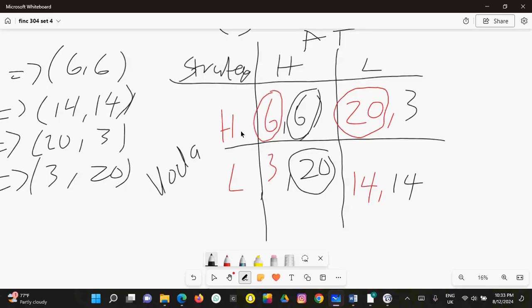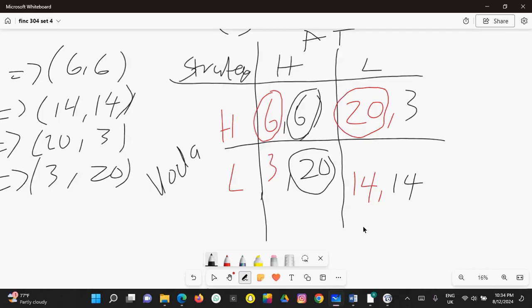The same thing applies on the other side. If Vodafone decides to choose high, Ethel Tigo chooses high because its profit when it chooses high is bigger than the profit when it chooses low. And if Vodafone decides to choose low, the profit Ethel Tigo gets is still higher by choosing high than choosing low, right?